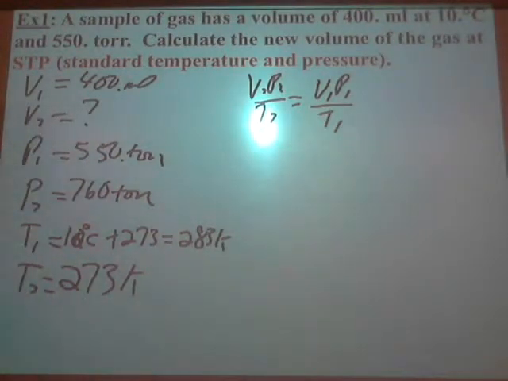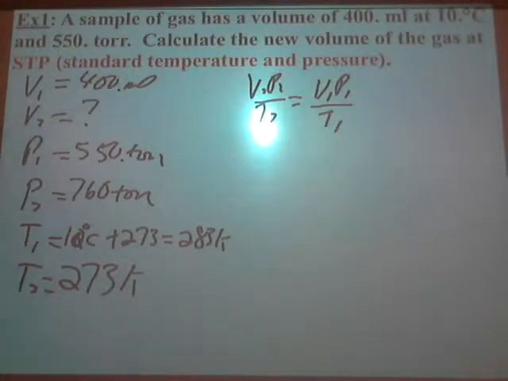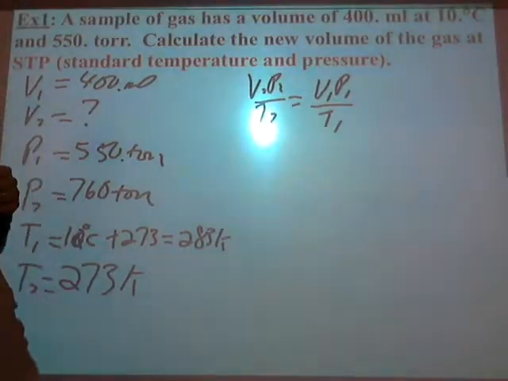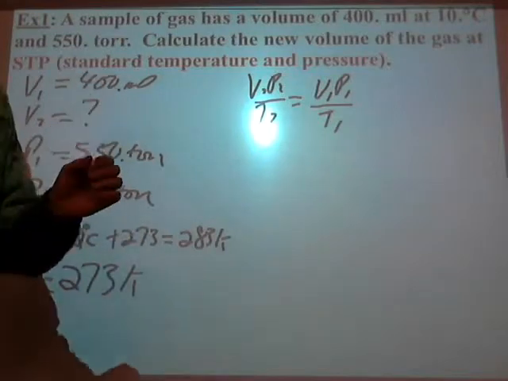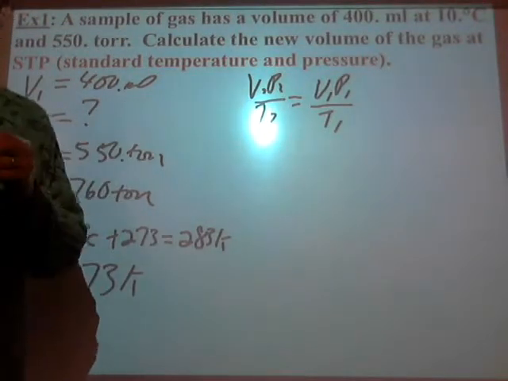Josh. What am I going to do to get V2 by himself? Multiply by T2 and do something with P2.